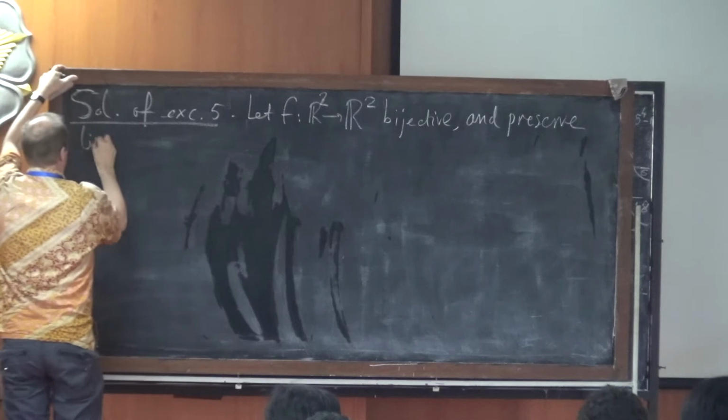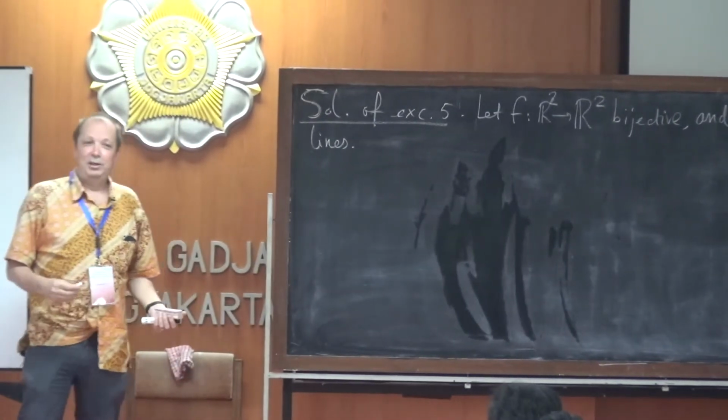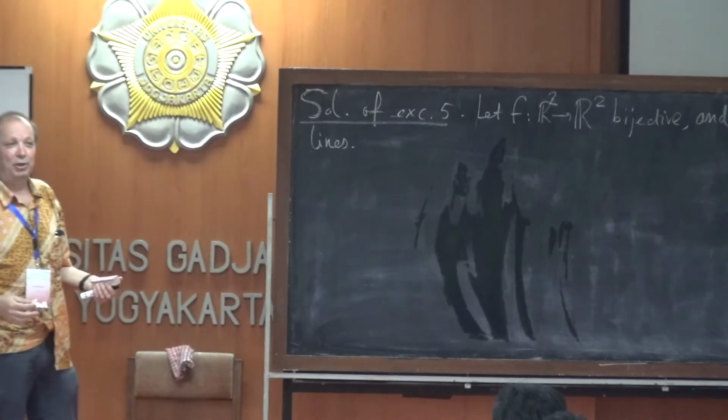Okay, so we have such a map F, and we have to show it is an affine transformation.